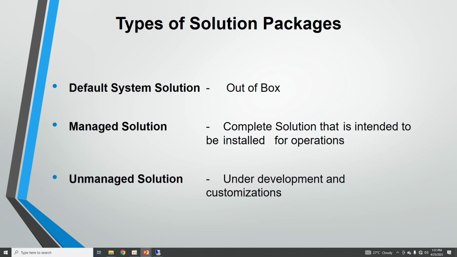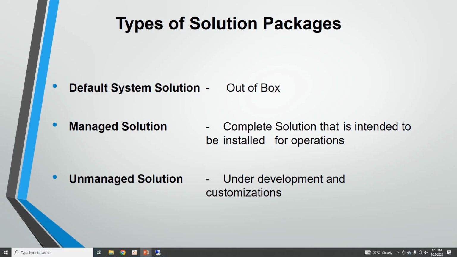So there are three types of solutions. Normally people say there are two types, but as per the book, as per the actual system existence, there are three types. That is default system solution, managed solution, and unmanaged solution. There is a general question that what is the difference between managed solution and unmanaged solution.